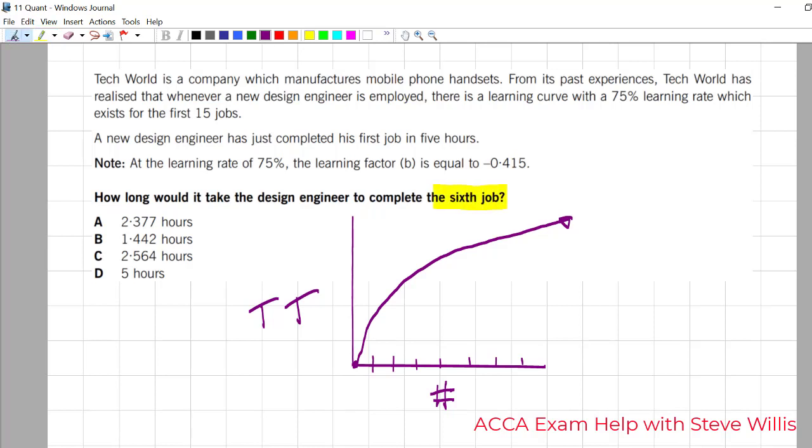So what we would do then, we're going to find the total time for number 6. Assume it's right there. Then we get the total time to make 5 units. Right, we get the total time to do 6, the total time to do 5, and the difference would be the time for unit number 6.